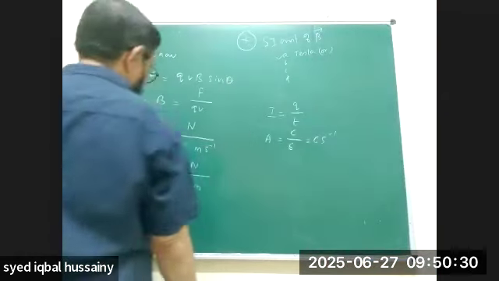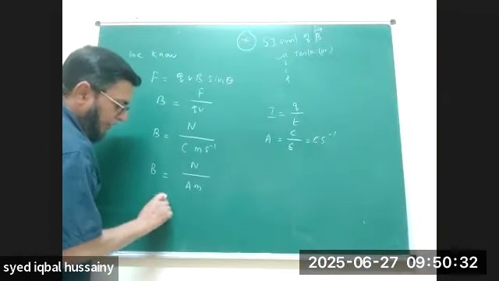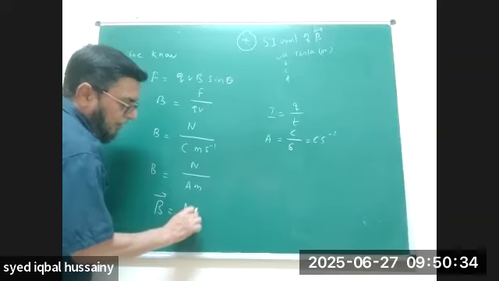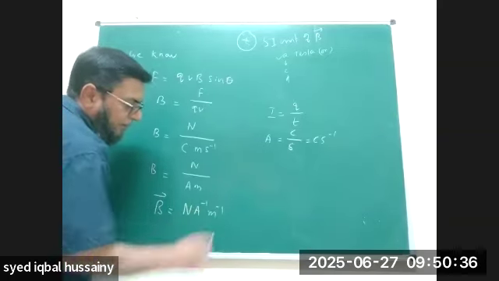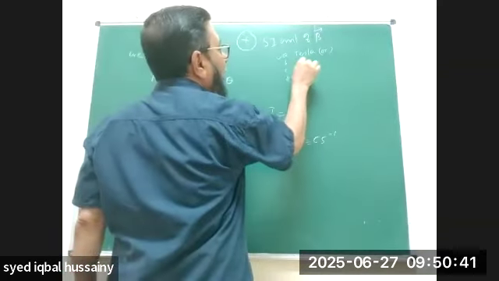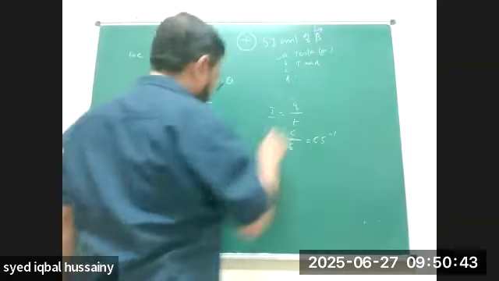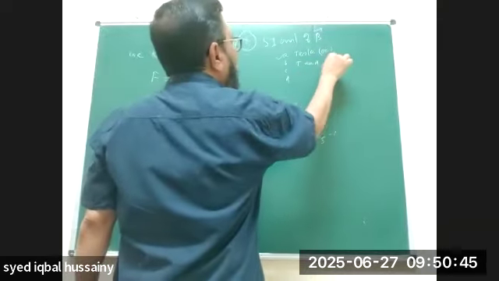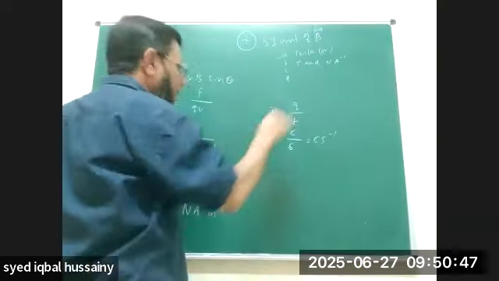So B vector magnetic field will be equal to Newton per ampere per meter. This is what they have given as option B: Tesla and Newton per ampere per meter.